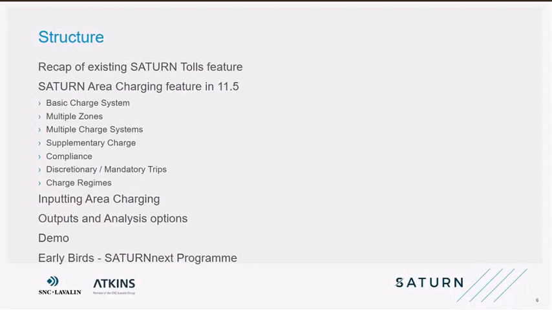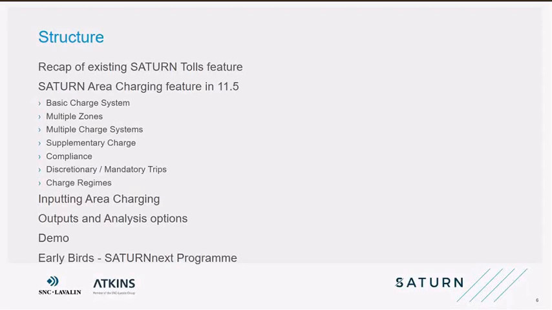And all of this will be done through a demo. And then at the end, for those who are not aware of Saturn Next, I'll give you a quick brief about what Saturn Next is and how you can get your hands on area charging much earlier than the actual release.